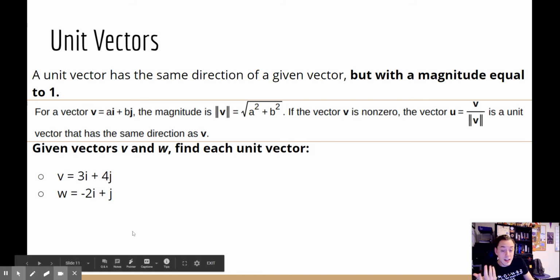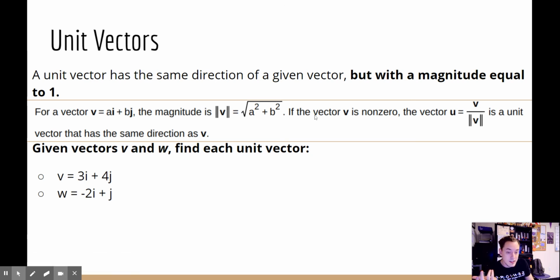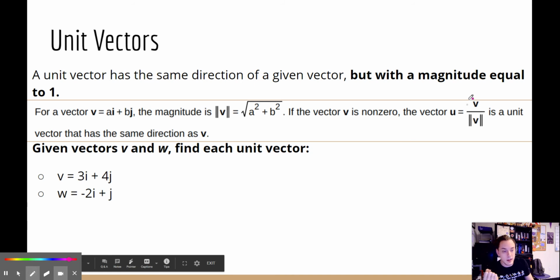It is sine squared plus cosine squared equals 1 because you're going to use the Pythagorean theorem. The magnitude is this. If this is the case, then the vector v is non-zero, so it can't be 0. And the vector u equals v all over the magnitude of v, which is a unit vector that has the same direction. So what's my formula? Well, this is my formula right here.